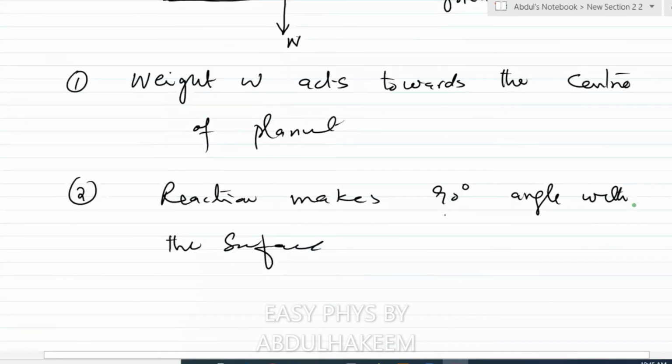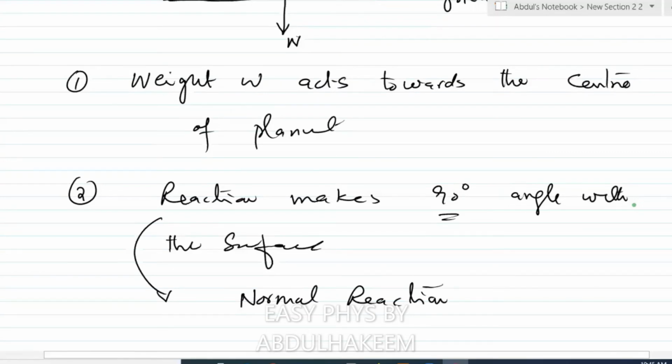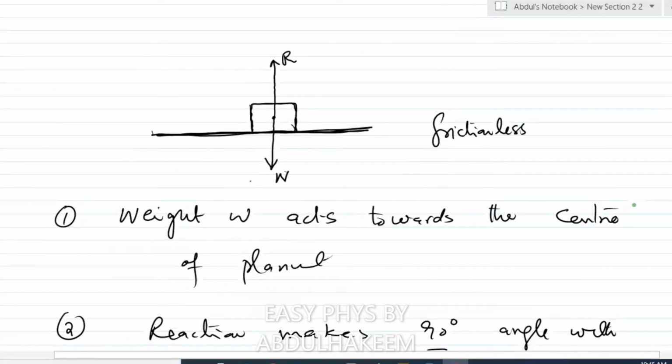So due to this 90 degrees, this reaction is called the normal reaction, and normal reaction means the perpendicular reaction. So look, weight is acting toward the center of the earth, and the reaction is making a 90-degree angle with the surface.